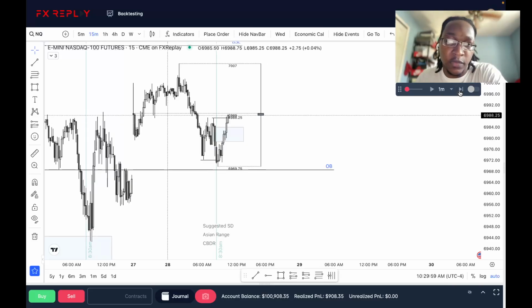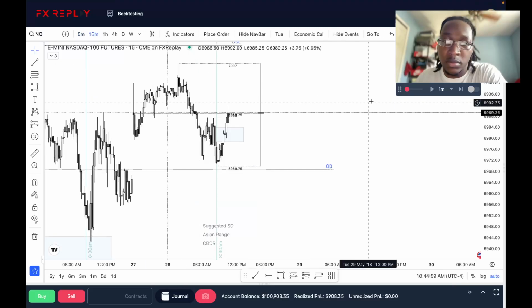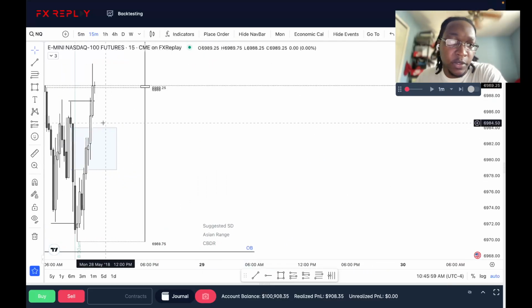Maybe see a close above that high. It's a good, yep, that's good. There's our close, there's our fair value gap here.